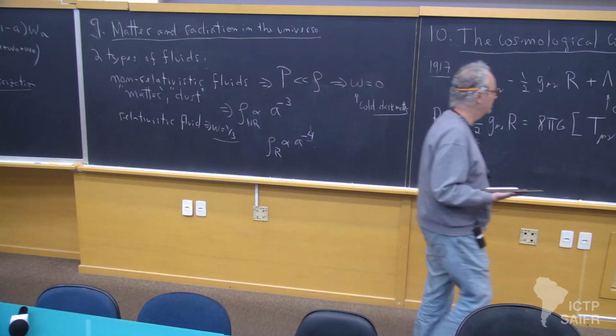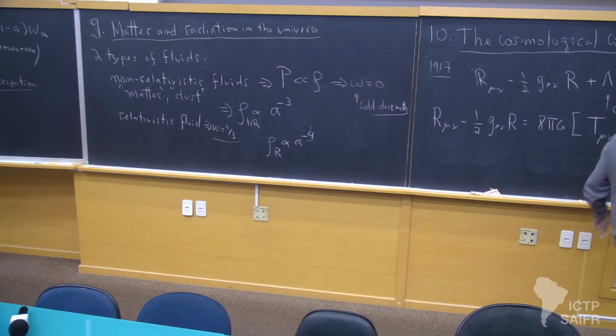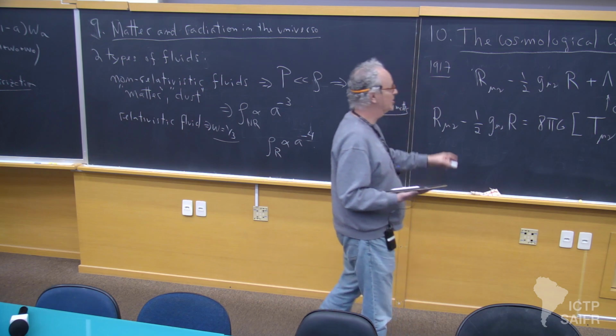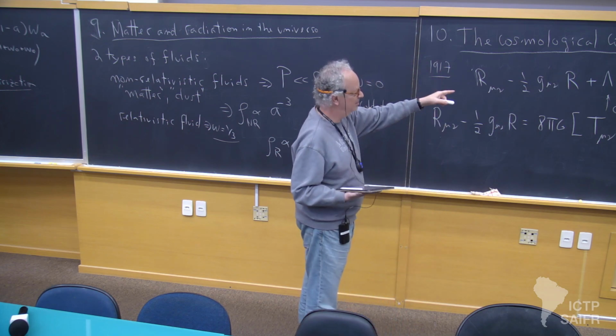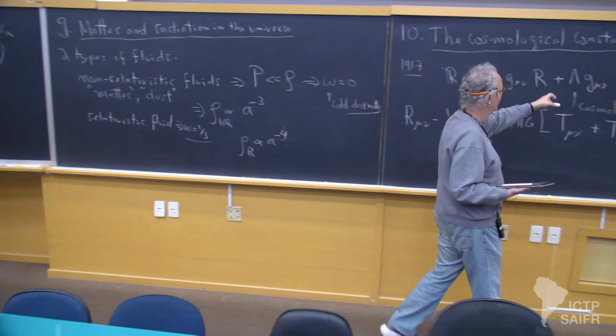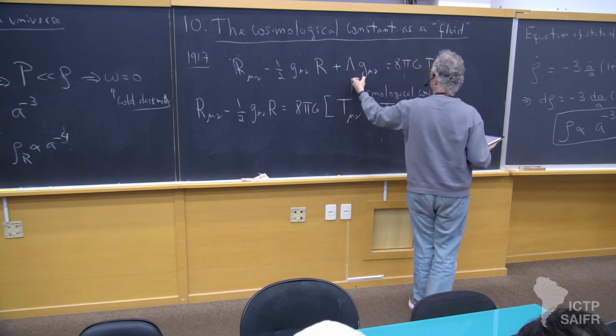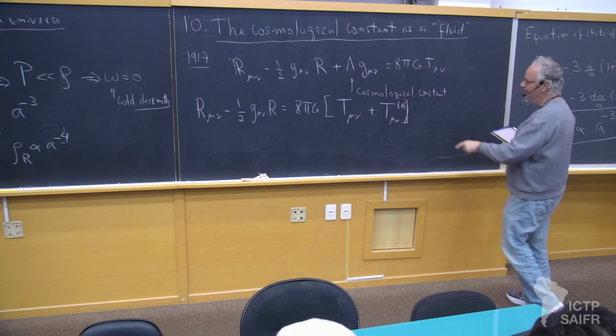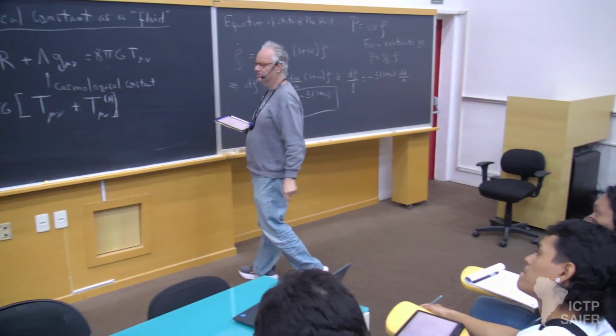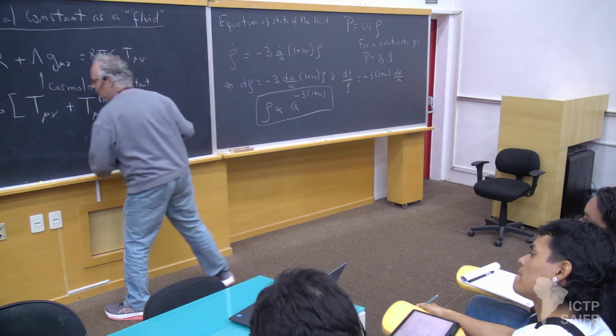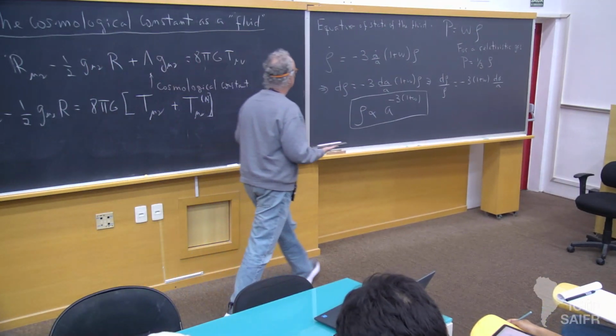So what is this extra contribution? I'm just putting the cosmological constant term from the left-hand side to the right-hand side, and writing it as a T mu nu, as an energy momentum tensor. So what is this energy momentum tensor?